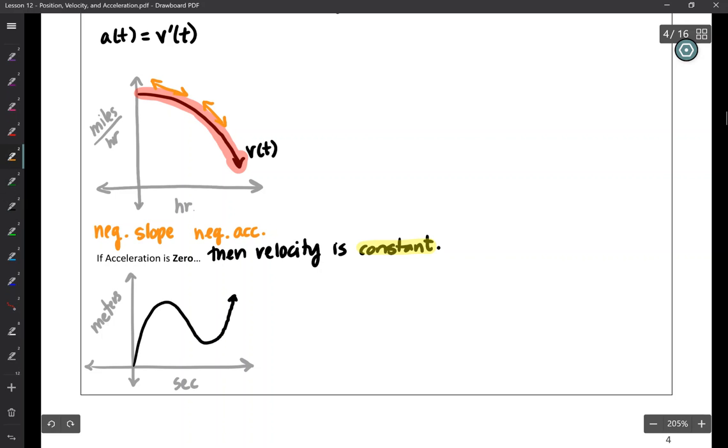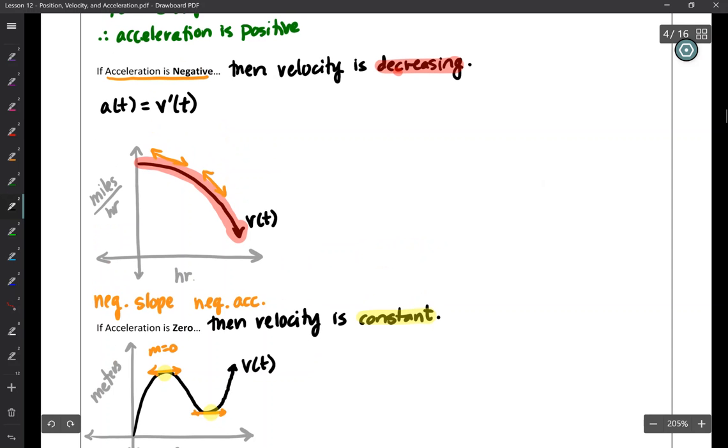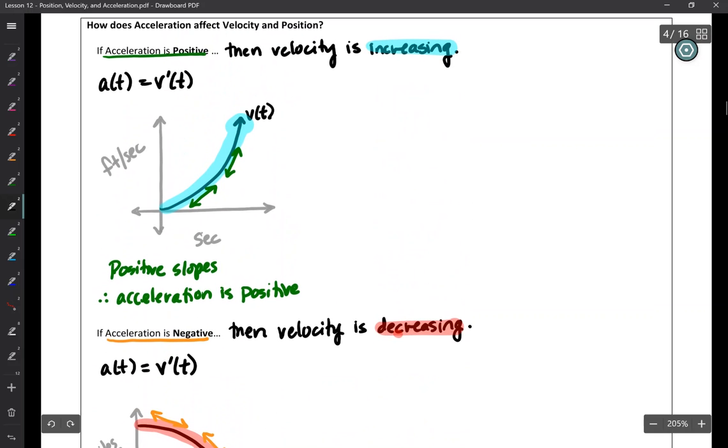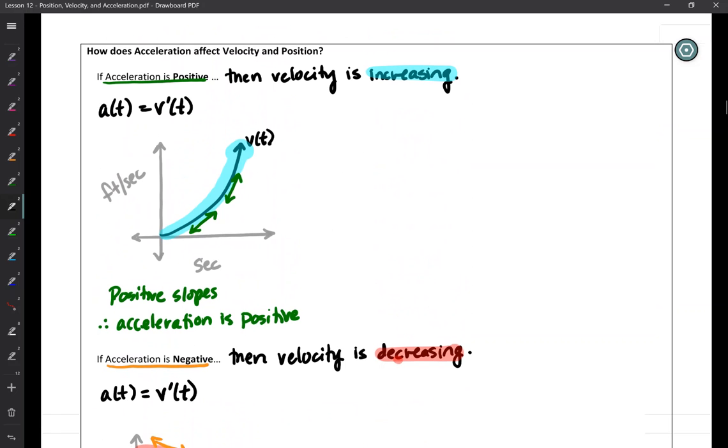There are two moments here where the slope of the tangent line is 0. There are two moments in time when your acceleration is 0. Okay, so we just did essentially the exact same work that we did in the activity before.